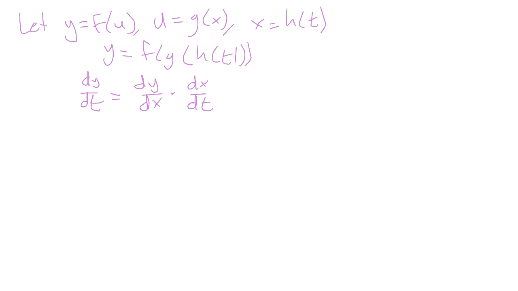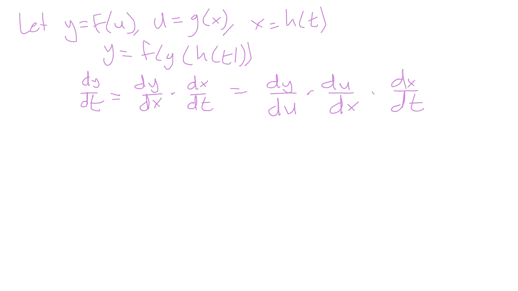However, we also know that x is actually a function of something else. We can't necessarily go straight from y to x. We have that little stage in the middle. So we can actually rewrite this as dy over du times du over dx times dx over dt.